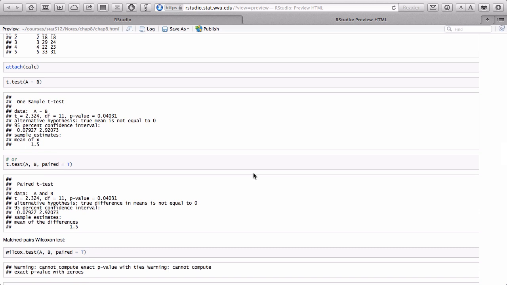In this first way, if you look at the top, I said t.test A minus B with no other arguments, and that simply takes the differences, and we do a t-test, and we see that the t-value is 2.324. There are 12 students doing this, so the degrees of freedom is 12, and the p-value is 0.04. So it's just significant, and we're assuming a two-sided test here.